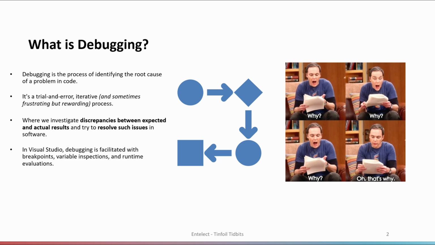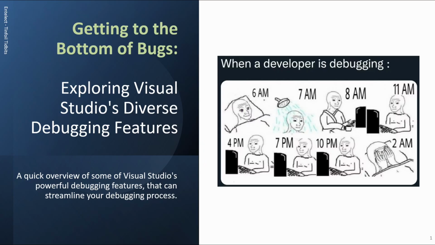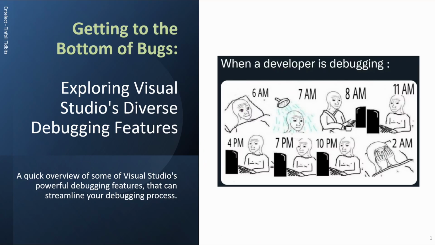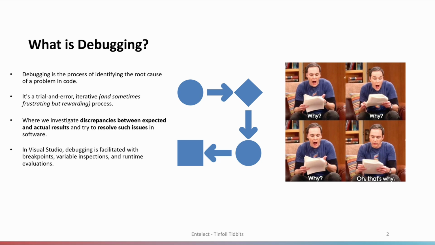What is debugging? Debugging is basically a process of trying to identify the root cause of a specific problem that we're encountering within our code. Sometimes it can feel like a trial and error process, because you sometimes start where you're not even sure what's happening and just slowly walk your way through the code in the hopes that you will find some sort of clue and eventually get on a path to the root cause of the problem.